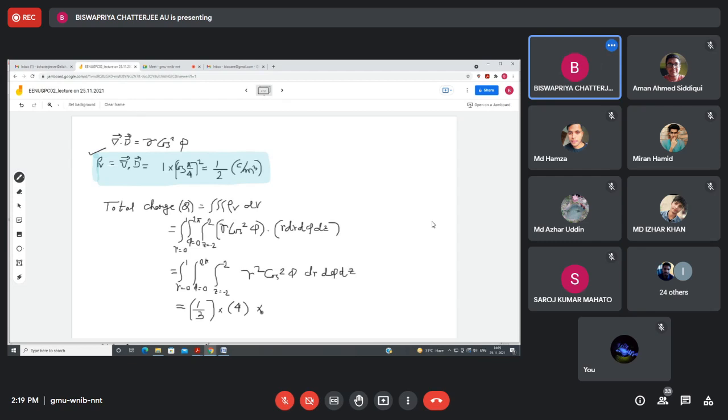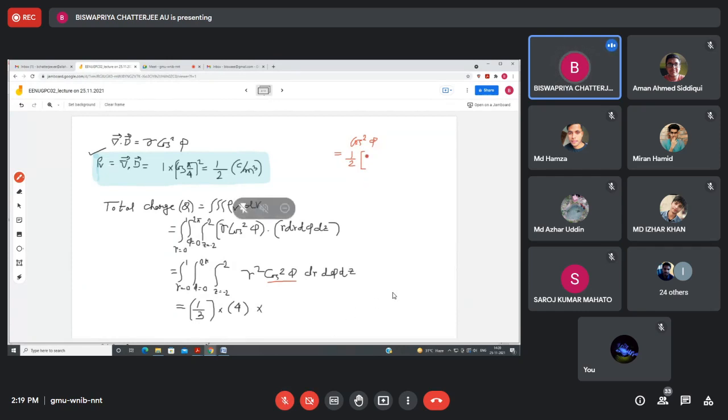Now, as far as this cos square phi is concerned, what is the integration of cos square phi? Can anybody tell me? It is half into 2 cos square phi.